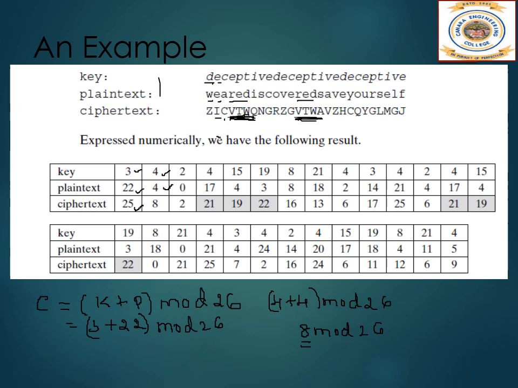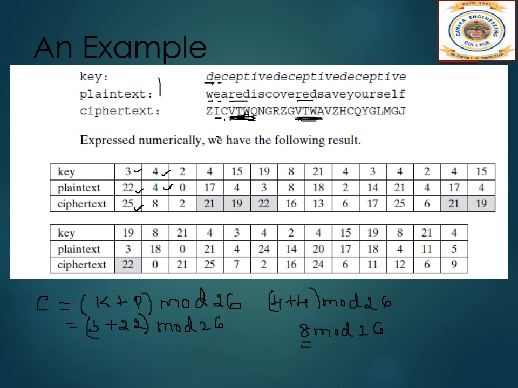Now, the solution of the cipher depends on an important insight: if the keyword length is M, then the cipher in effect consists of M monoalphabetic substitution ciphers. For example, with the keyword deceptive, the letters in positions 1, 10, and 19, and so on, are all encrypted with the same monoalphabetic cipher.